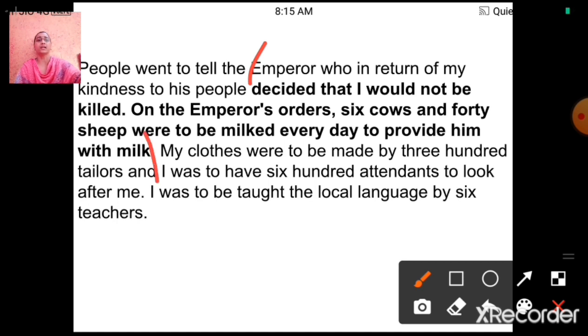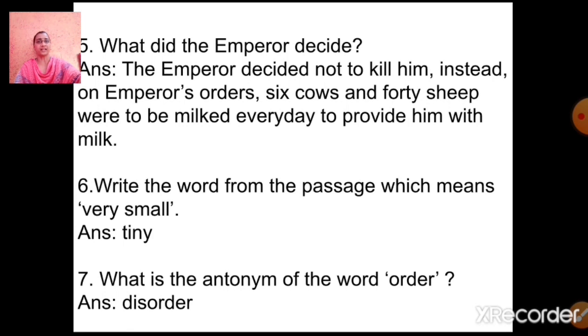Alright? Now, then what are we going to do? Now, after finding the answer, we will frame the answer in our own words and in a proper sentence. Like, the emperor decided not to kill him. Instead, on the emperor's order, 6 cows and 40 sheep were to be milked every day to provide him with milk.